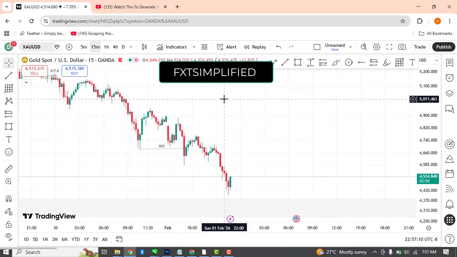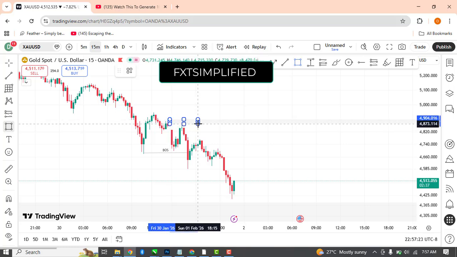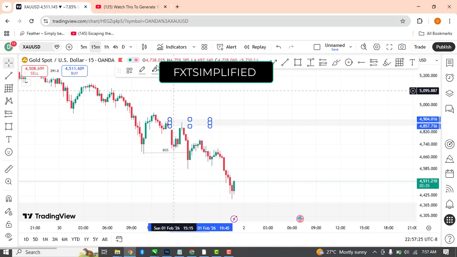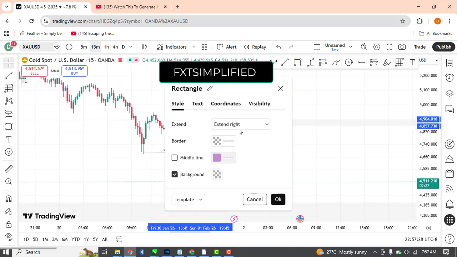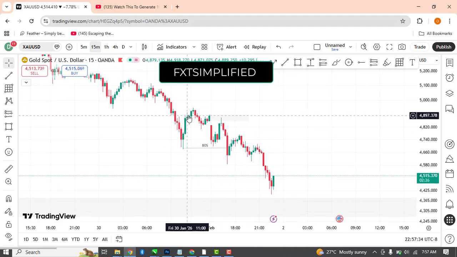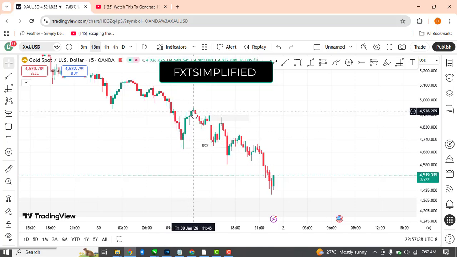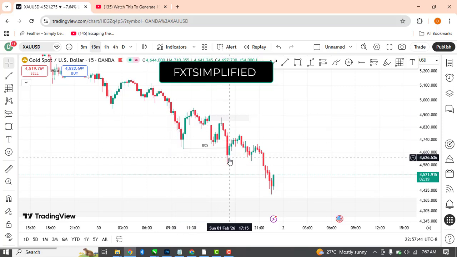And we know that when there is a break of structure, we can have our supply zone above the break of structure, right? So what I actually understand by this is that this previous candle, if I draw it, you can see that after price comes to this downside, price retraces a little bit and it breaks structure to the downside.